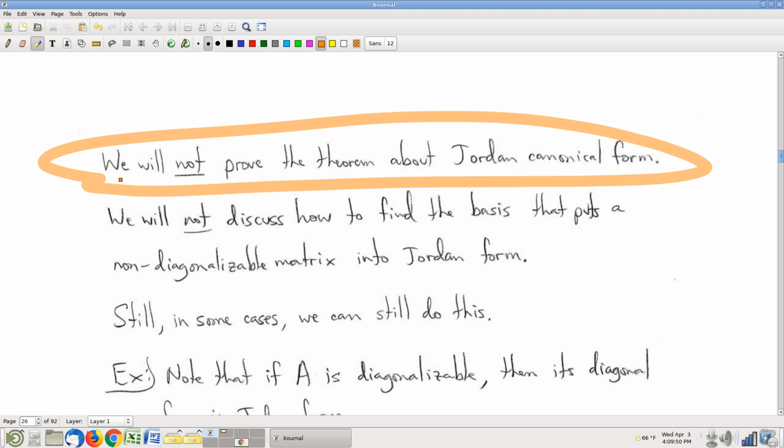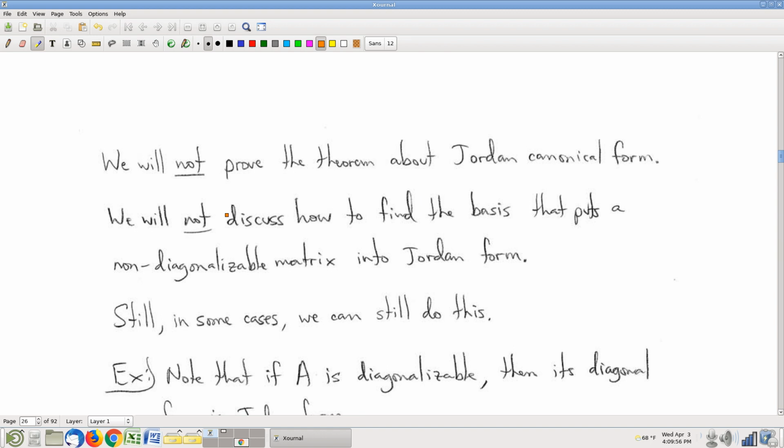We're going to trust that. We're going to use that, but we're not going to prove it. How to find a Jordan basis is surprisingly hard. So we're not going to do that either. Every so often you'll get lucky and we'll be able to find a Jordan basis, with certain extra information given, yes, we will. But as a general process, we're not going to discuss how to do that.